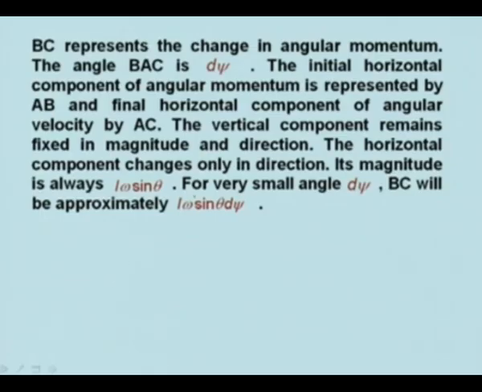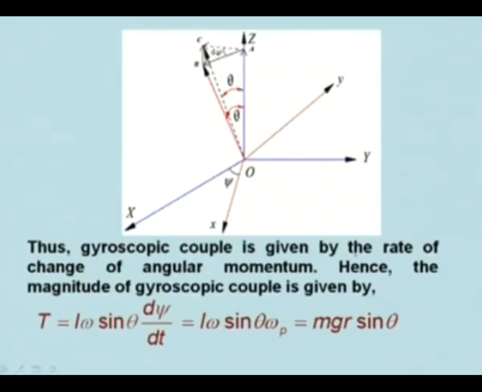The horizontal component changes only in direction. Its magnitude is always I omega sin theta. We assume theta remains the same, that the axis of spin is inclined. For very small angle d psi, BC will be approximately I omega sin theta d psi. Thus the gyroscopic couple is given by the rate of change of angular momentum.